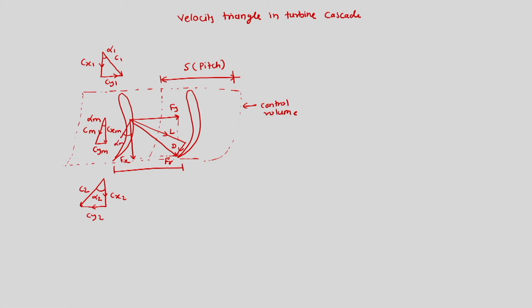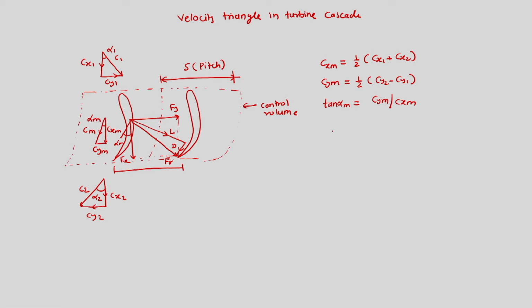Now, having said this, we will write down the expressions. Cxm, which is the axial mean velocity, is half of Cx1 plus Cx2. Cym, since the y components are in opposite directions, is half of Cy2 minus Cy1, and tan alpha m is equal to Cym divided by Cxm.